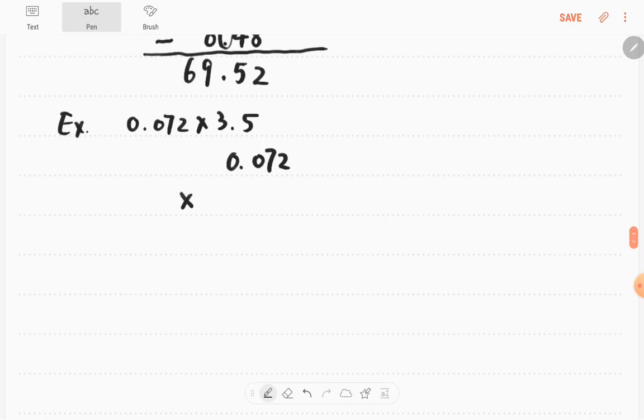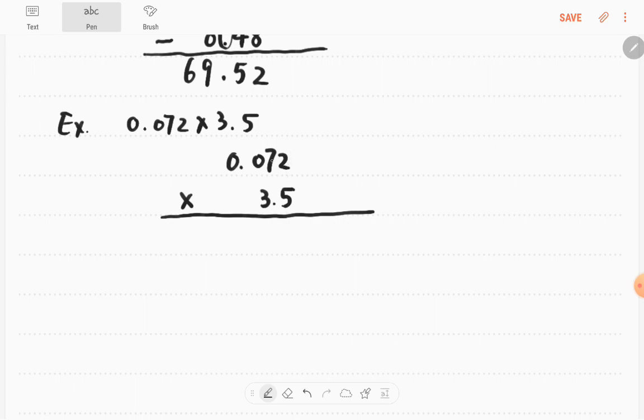It's not like the addition or subtraction. This time, we do not line up the decimal point. Okay, we just write like it's the whole number. Line up the right side number.